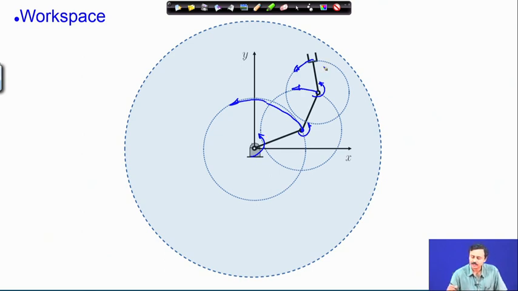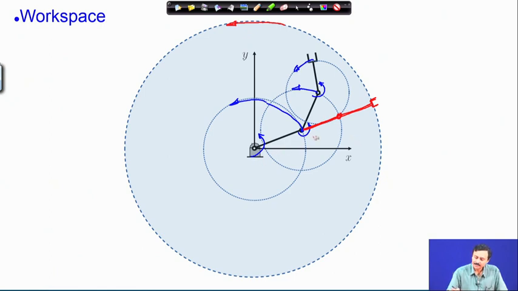So, the farthest reach is when the manipulator is completely extended like this, that is the farthest reach. And by rotating this completely, I can generate the boundary of the reach of the manipulator.